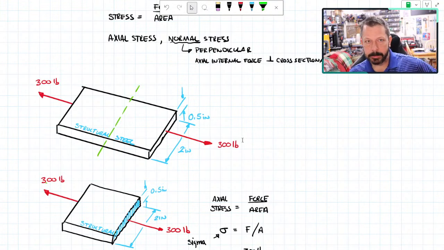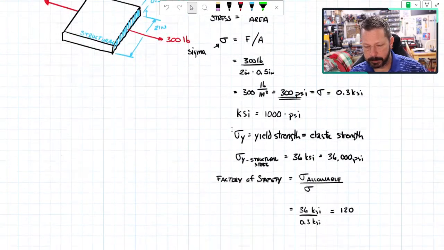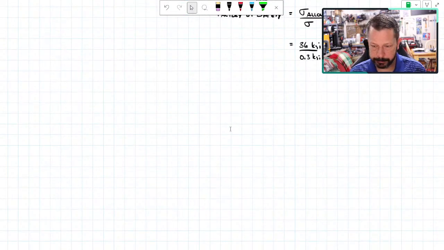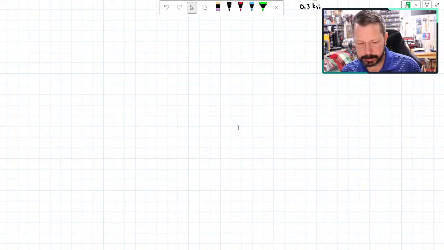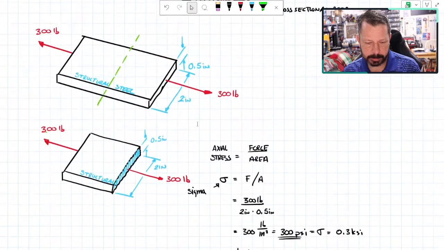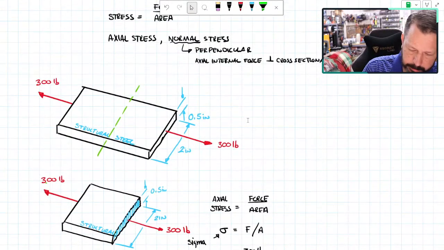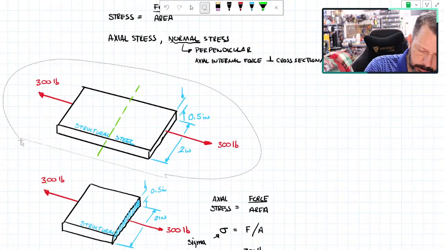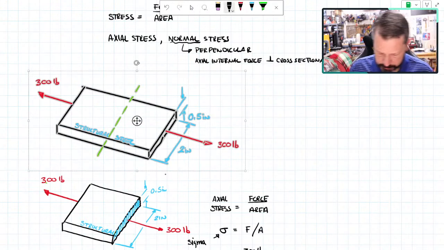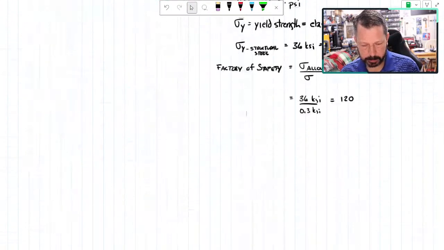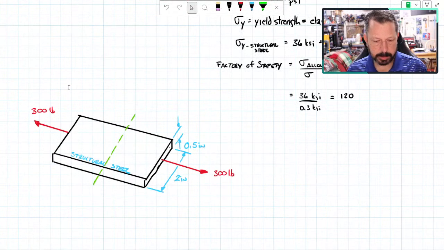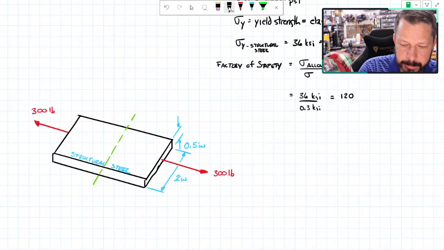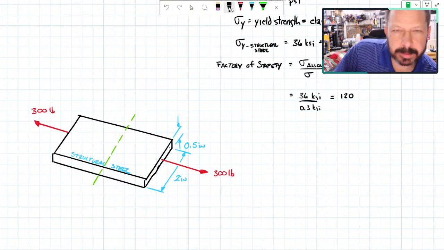Let's stay on axial stress, but make it one level more difficult, though still not very hard. Let's just take the same thing, and let's add to it that, well, we do have a lot of factor of safety.